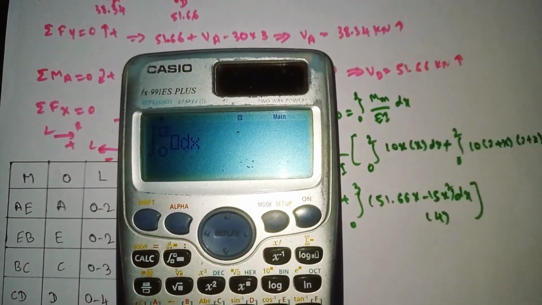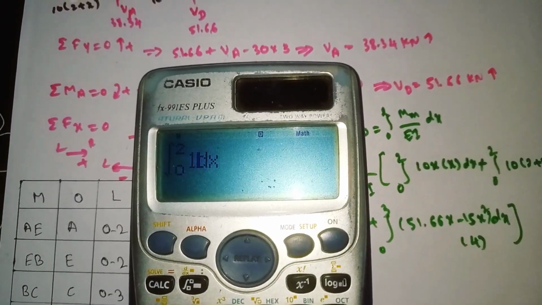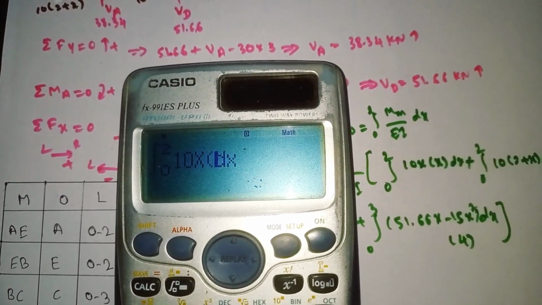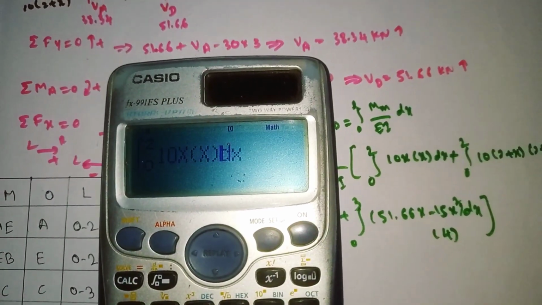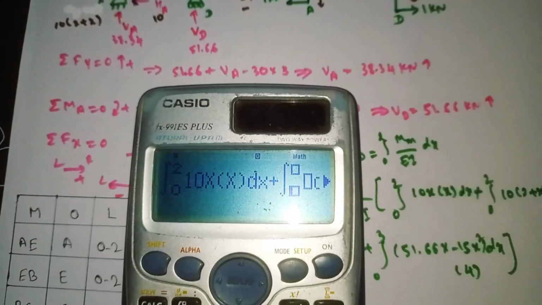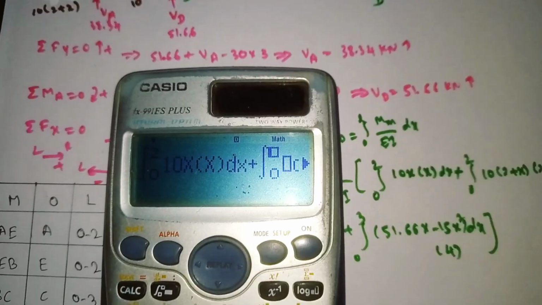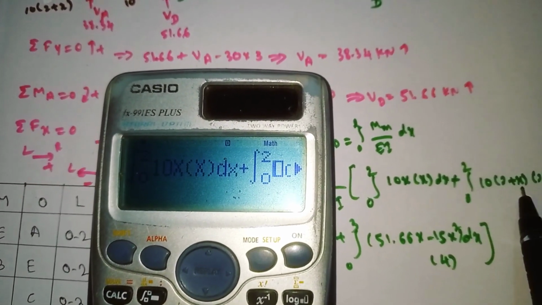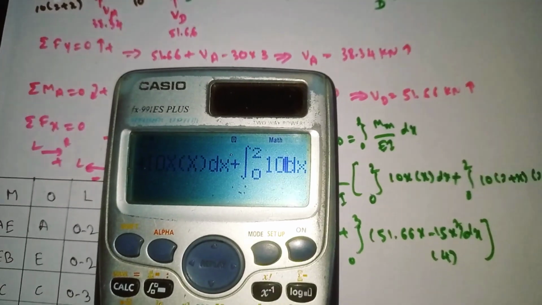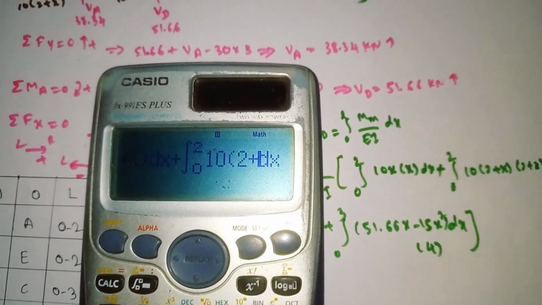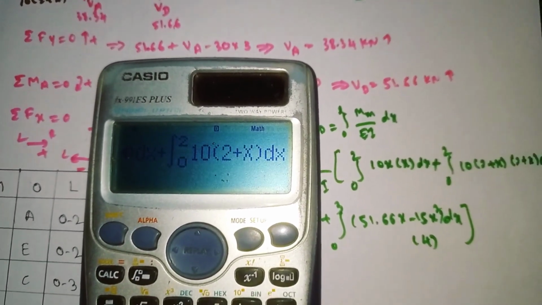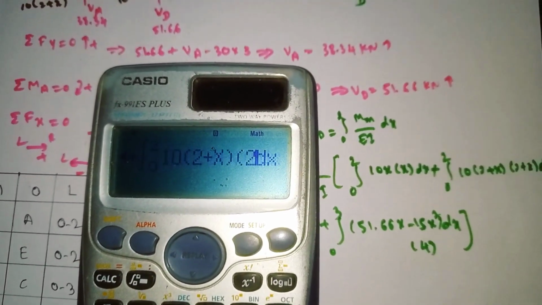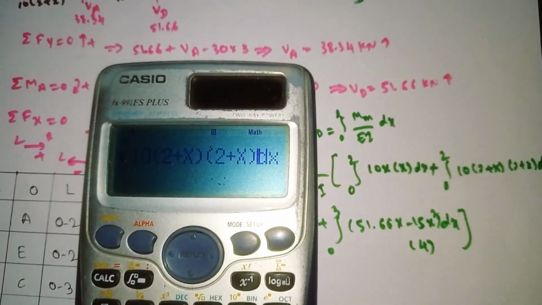Integration of 0 to 2 of 10x into x, plus integration of 0 to 2 of 10 into bracket 2 plus x, close the bracket, again bracket 2 plus x, close the bracket.